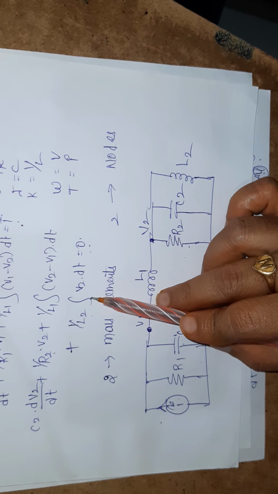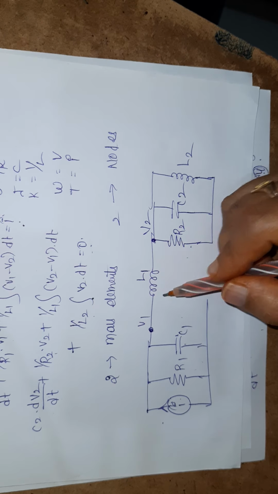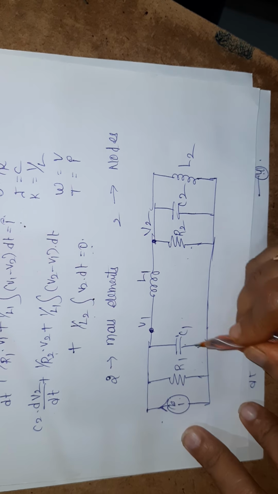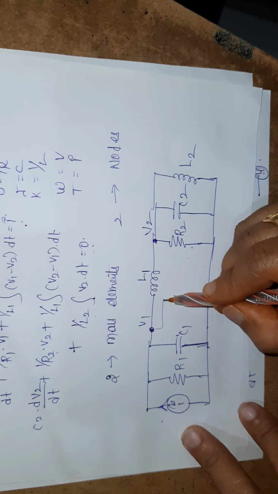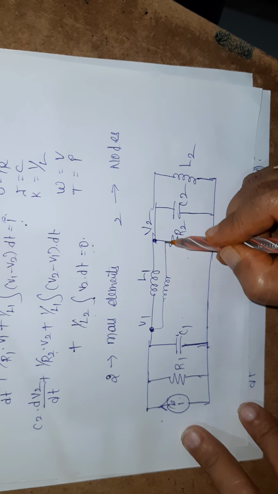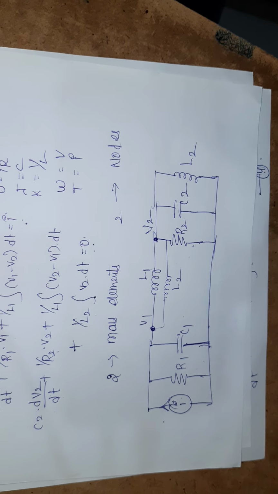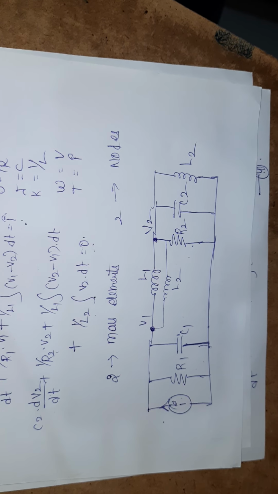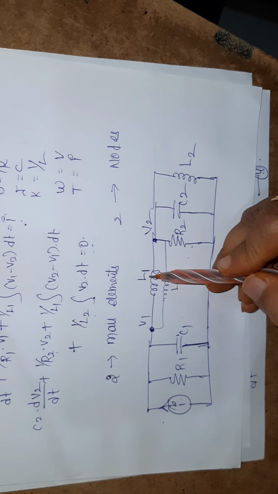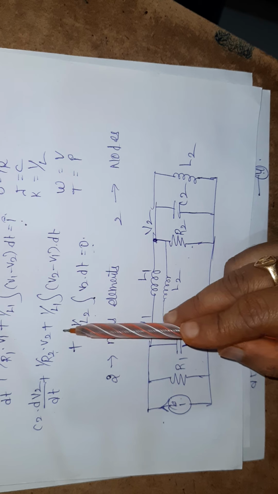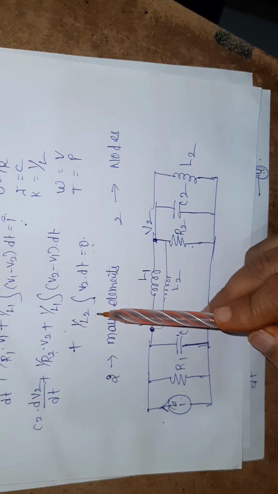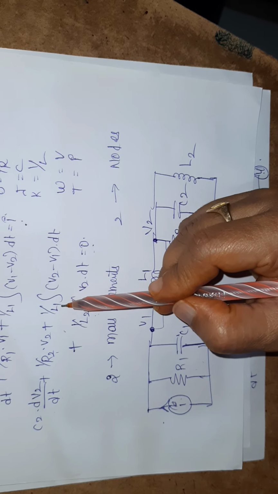Here you have to consider L2 like this. L1 is in between V1 and V2, and L2 is also... no, here it is L1 only, right?